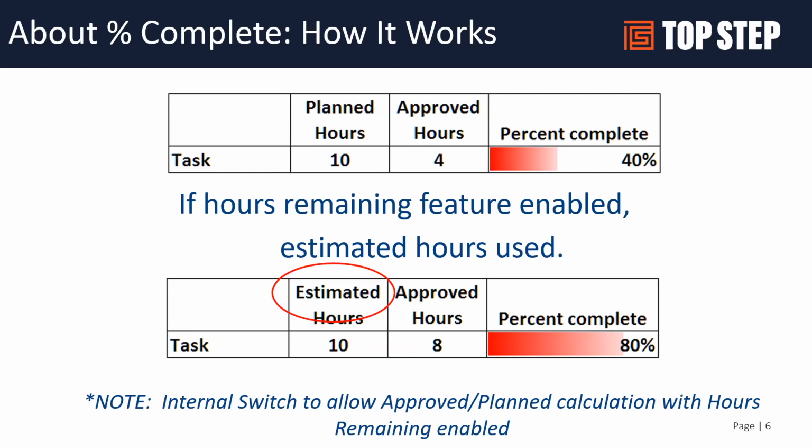So you have to update your estimated hours to adjust your denominator to be able to calculate a percent complete. In this case, the estimated hours and approved hours calculate a new percentage. That will allow you to manage your project plan, adjust your tasks, and recalculate your automatic percent complete.